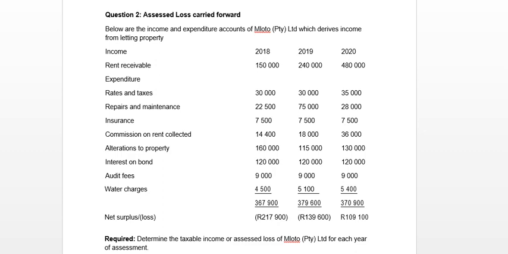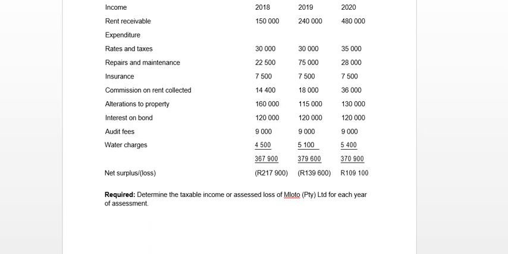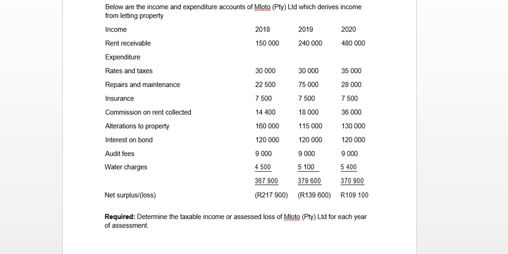And then if you add all of this up, you get expenditure of 367,900 and so forth. And then your net surplus or your loss is this 150,000 minus the 367,900, which for 2018 is 217,900 and so forth. In 2020 you made a surplus or taxable income of 109,100.